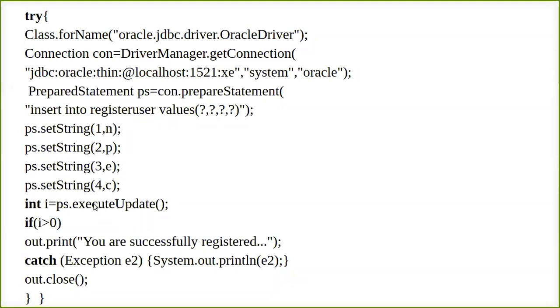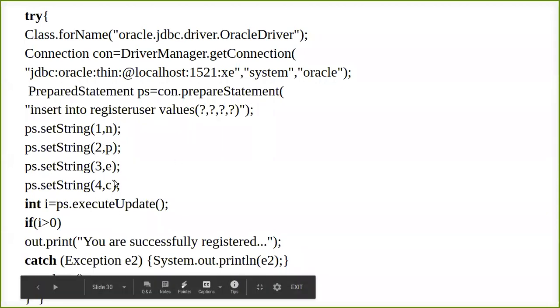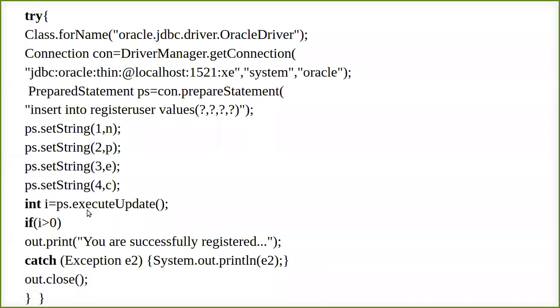And I told you that we have to compulsorily use one method, that is the executeUpdate method, because your table consists of empty rows. If I want to update from empty to filled, which values we are trying to feed into it, I have to use the executeUpdate method.